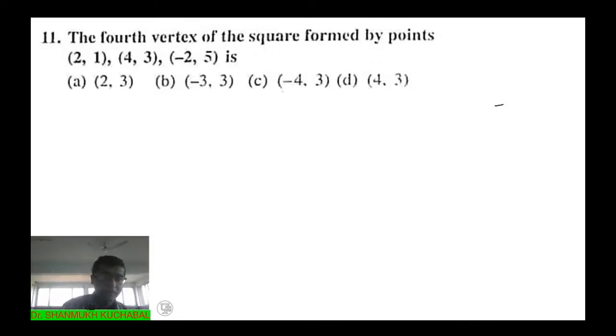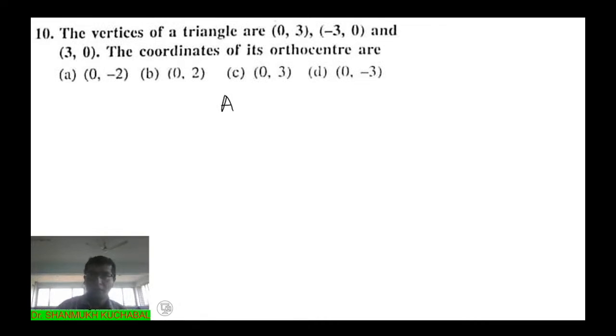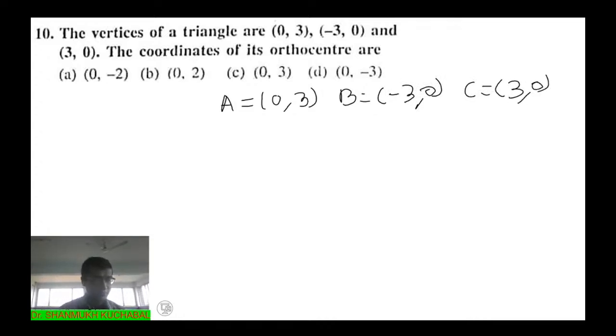First we'll solve example number 10. We'll write point A as (0, 3), B as (-3, 0), C as (3, 0). Okay.